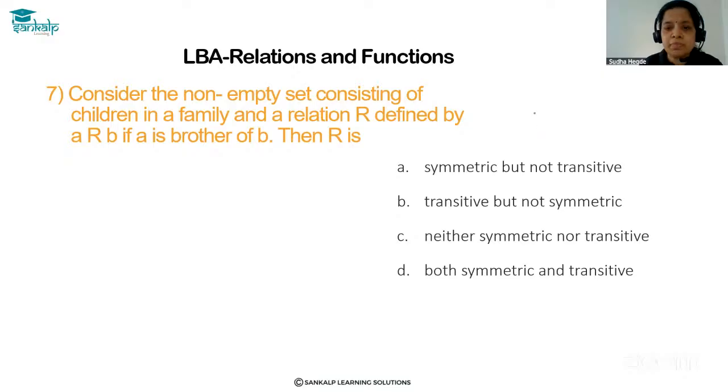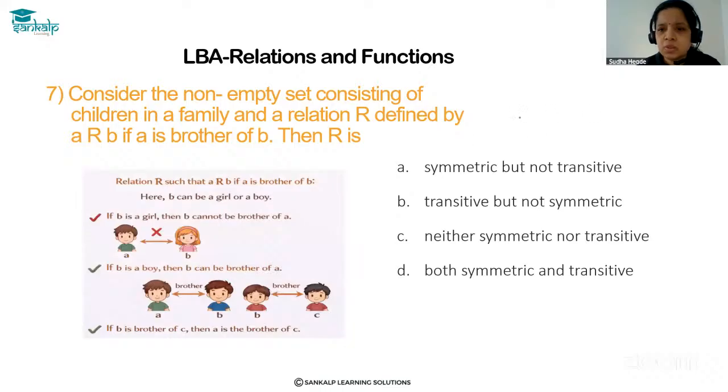Okay. A cannot be brother of himself. So (a,b) is not true, (a,a) of course, (a,a) is not true.